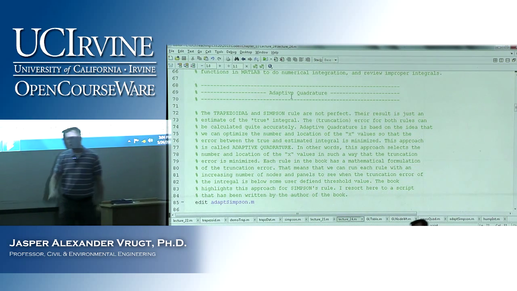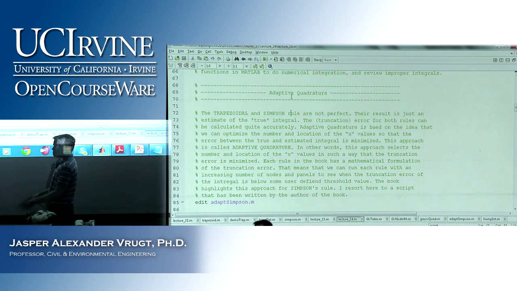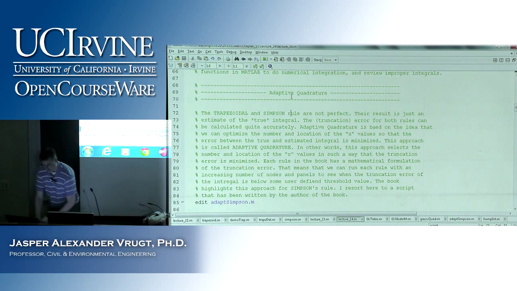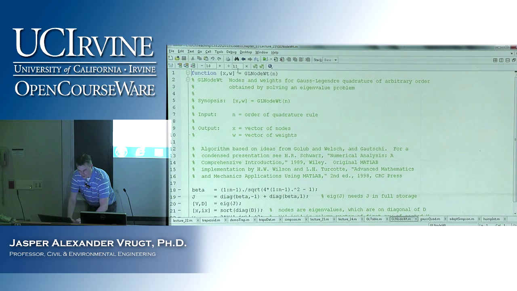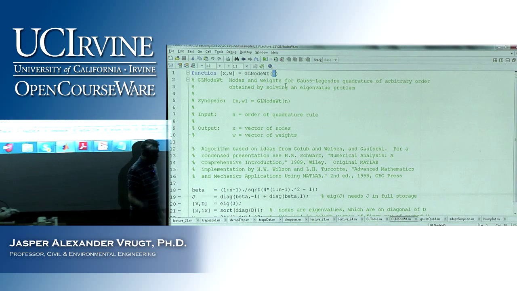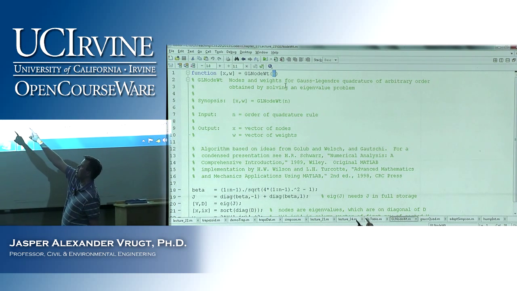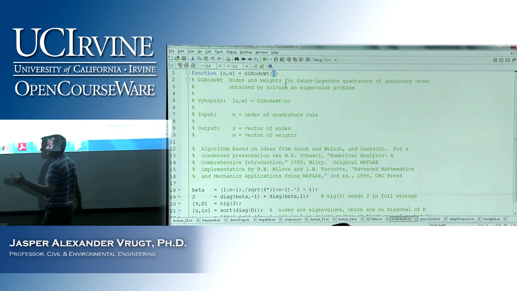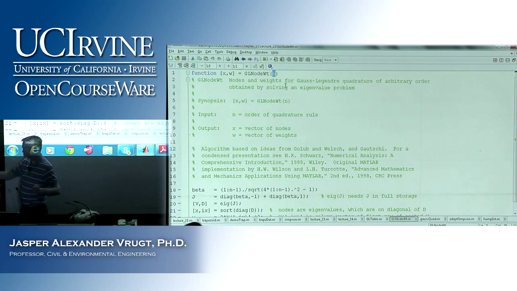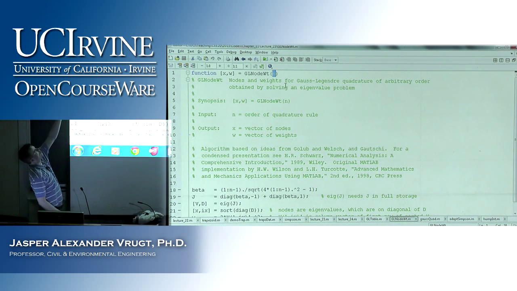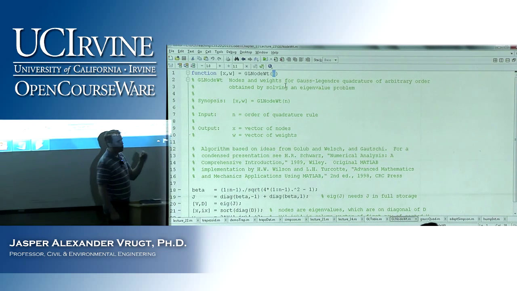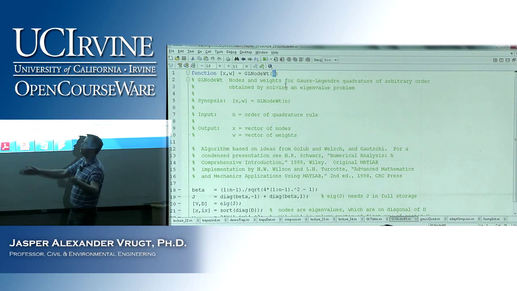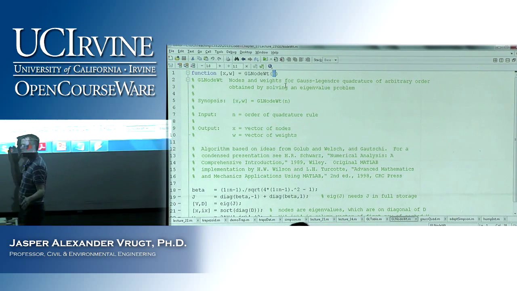If you have more nodes, more x values, then there's this built-in function, or at least the author wrote it, which is GLNodeWt, that gives you, for an even number of x values, the optimal x values and the corresponding weights, W. The input to this function is how many x values you would like to use to integrate that function, and the output is the optimal location of the x values, x, and W. But this Gaussian quadrature assumes that your integral is between minus 1 and 1, so the x values will be located between minus 1 and 1.